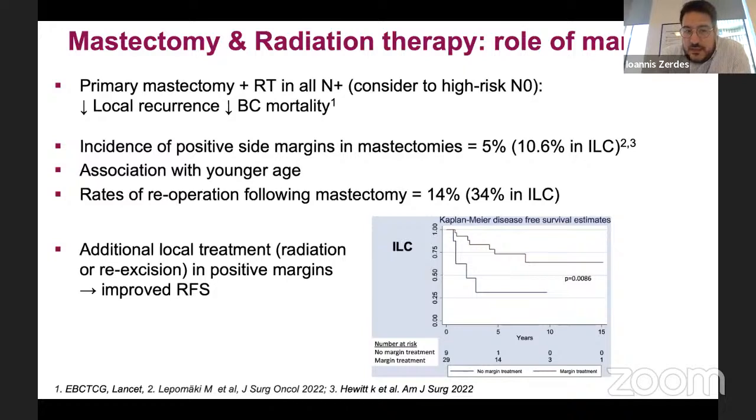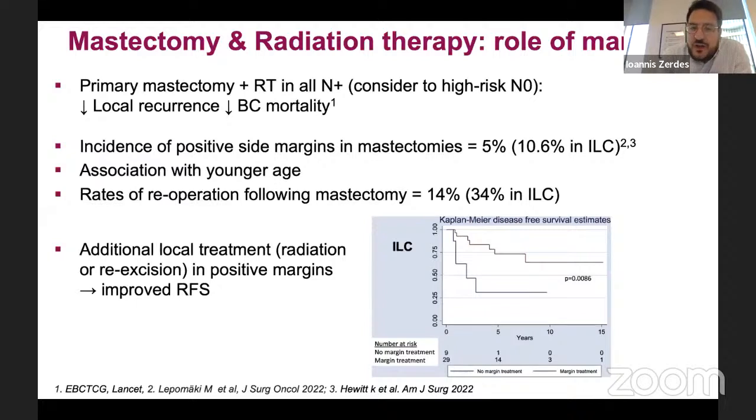And given that the incidence of positive margins in mastectomies is 5% and even higher in lobular carcinomas, there was an association with younger age as well, and rates of reoperation following mastectomy were also high.